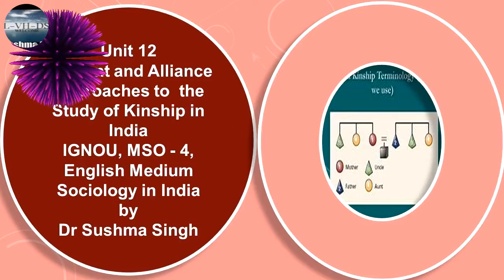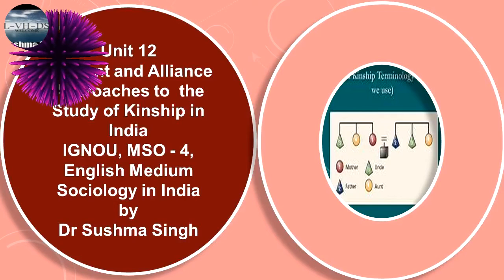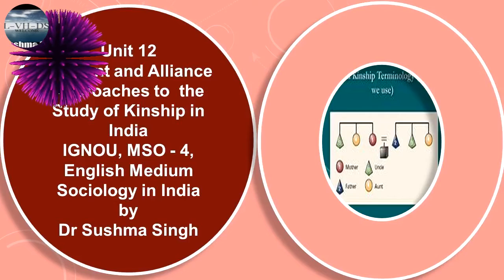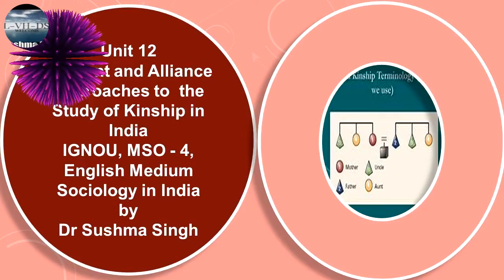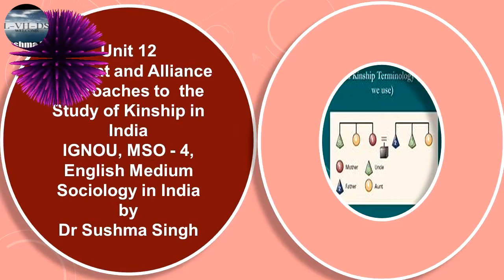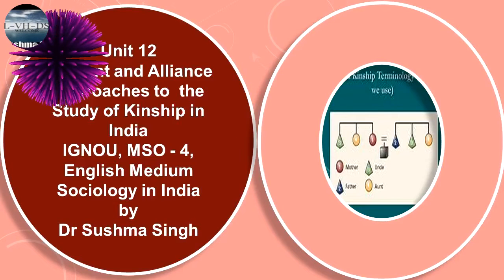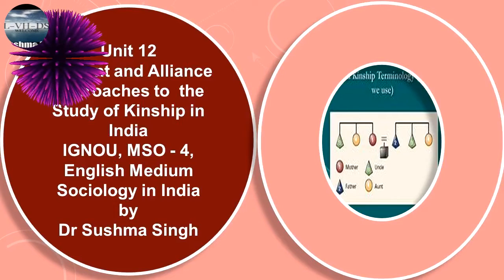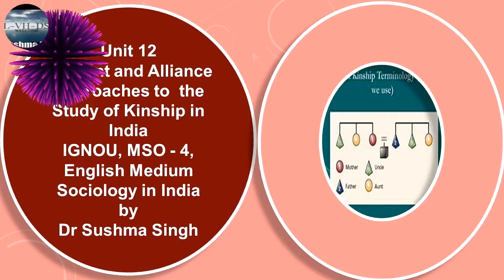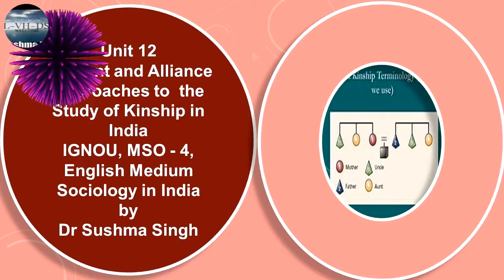The following diagram shows how the rules of hypergamy in North India act as a form of exchange between woman and dowry on the one hand and prestige and honor on the other. Here A, B, C are patrilineages which are ranked from high to low status.